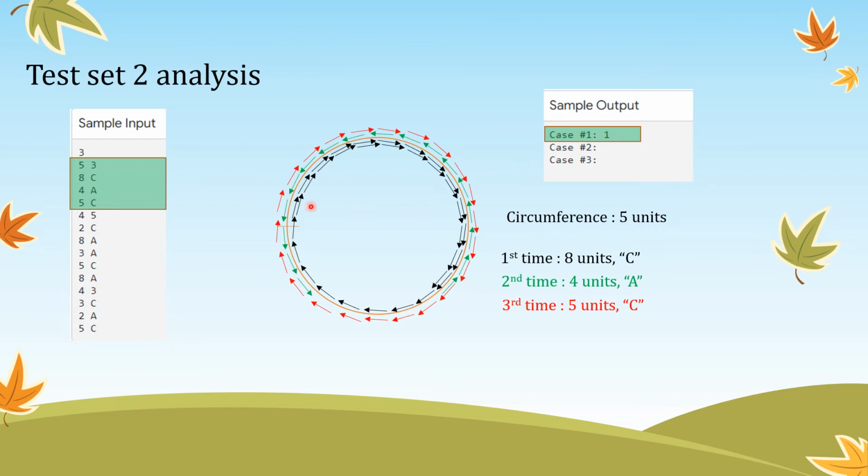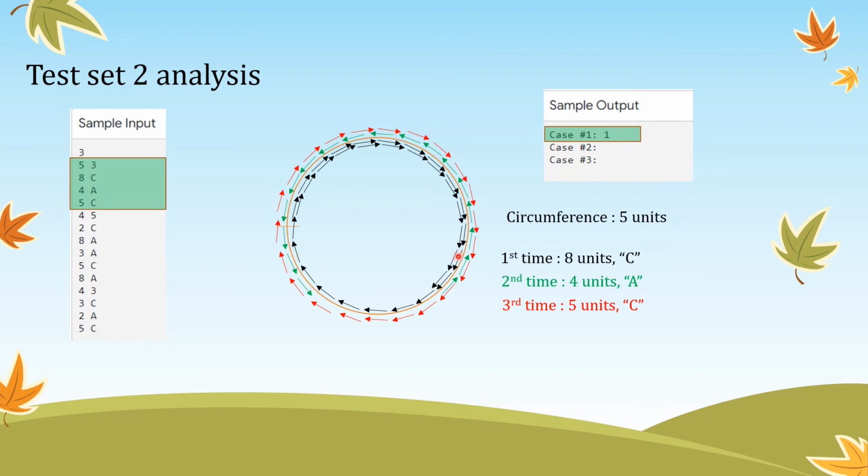So let us consider a little more complex example where Ada travels 5 times and we have different directions, and that will be good to analyze. And here you cannot simply say, okay, 2 times clockwise and 1 time anti-clockwise, so I will just subtract, 2 minus 1 is equal to 1, that is the output.